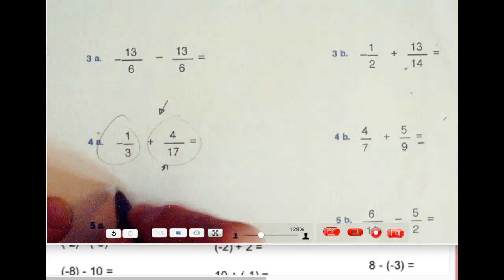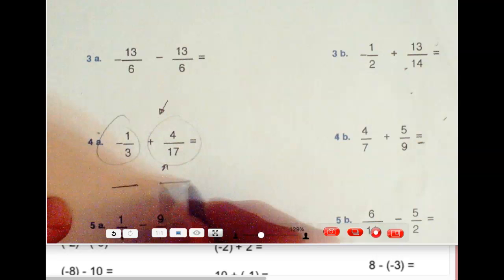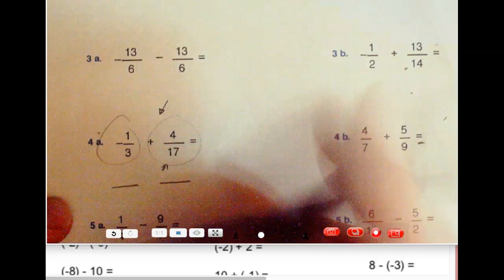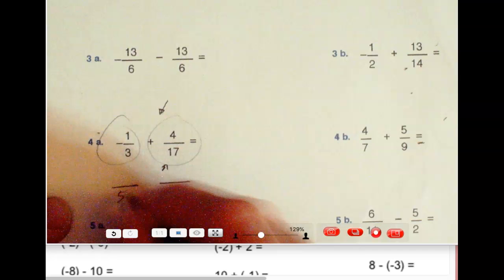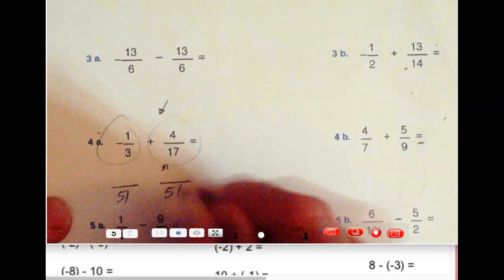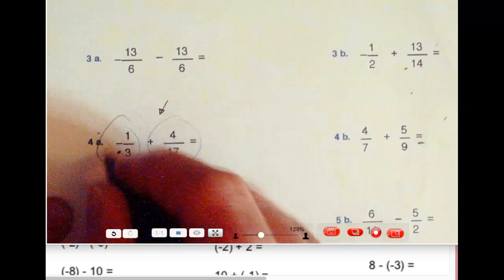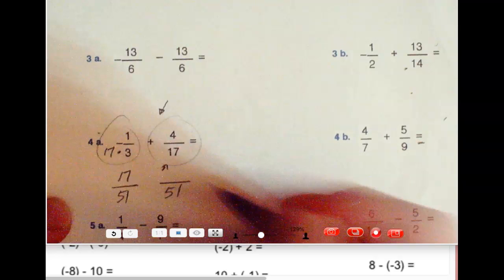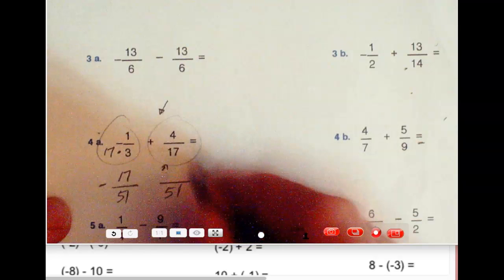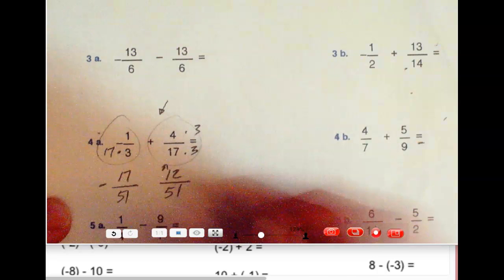Most people are too lazy to do that, so I'm just going to rename these. I have to have a common denominator, 51, so I'm just going to put 51 down. Well, to get to 51, I would have to multiply this times 17, so this is going to be 17 on top. And to get to 51, I have to multiply this times 3, so I'll put 12 on the top here.